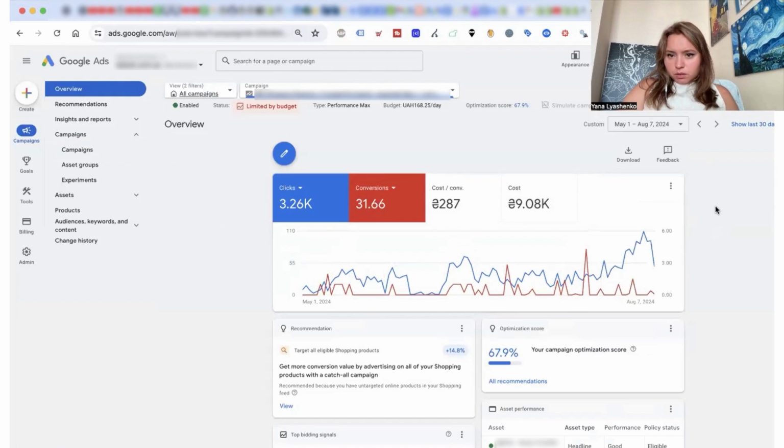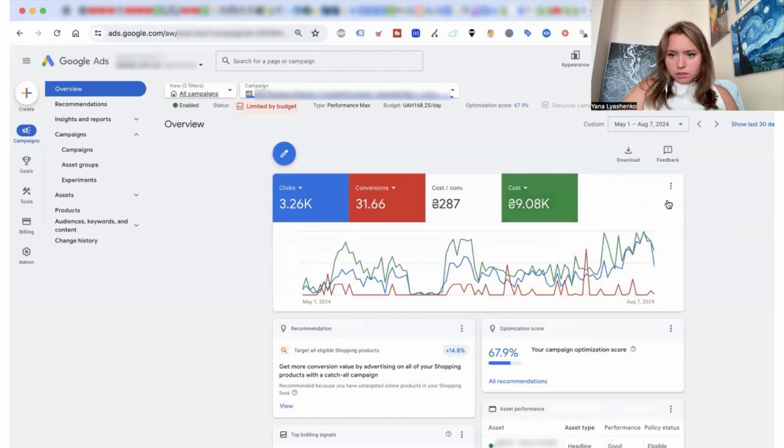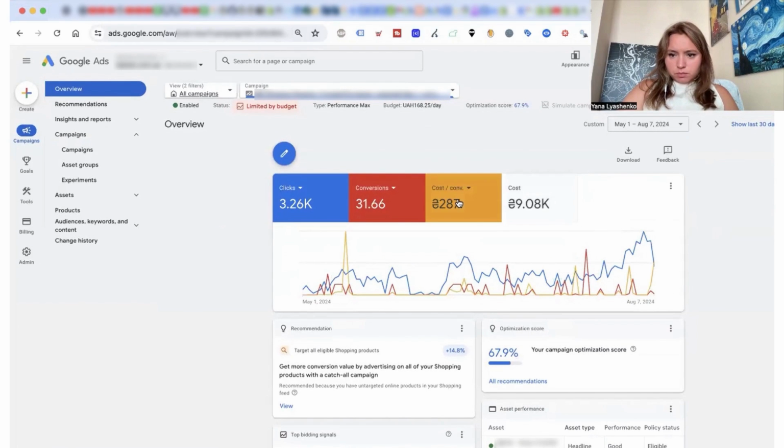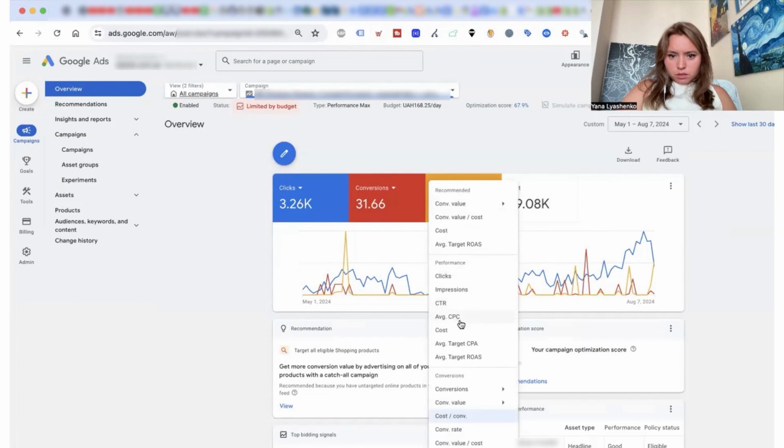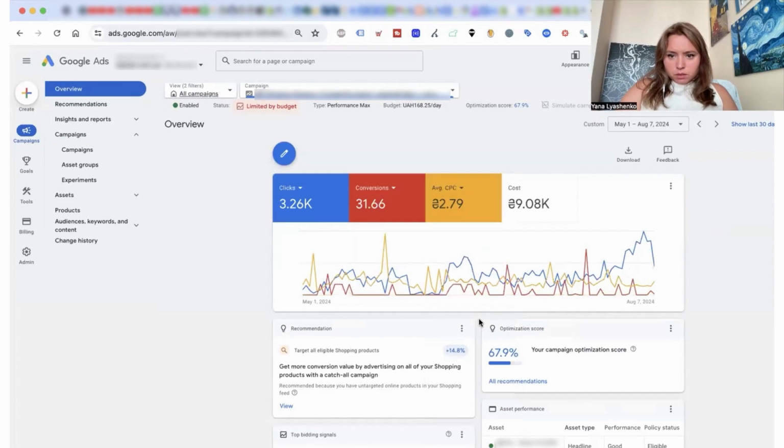So, why don't you want to give me the opportunity to add more metrics, this is Google. Here the traffic increased. Here we simply increased the budget. CPC. Let's go with CPC. The CPC here hasn't changed, and here it has even dropped a bit.